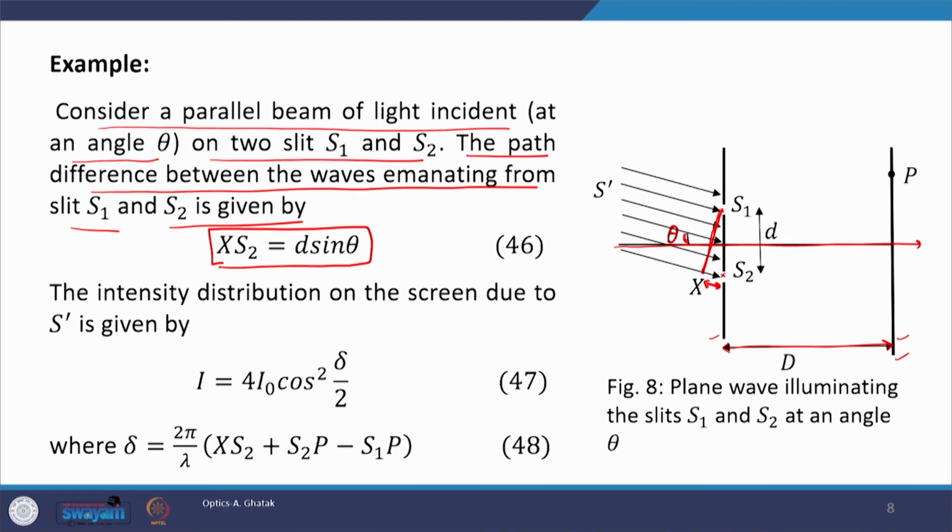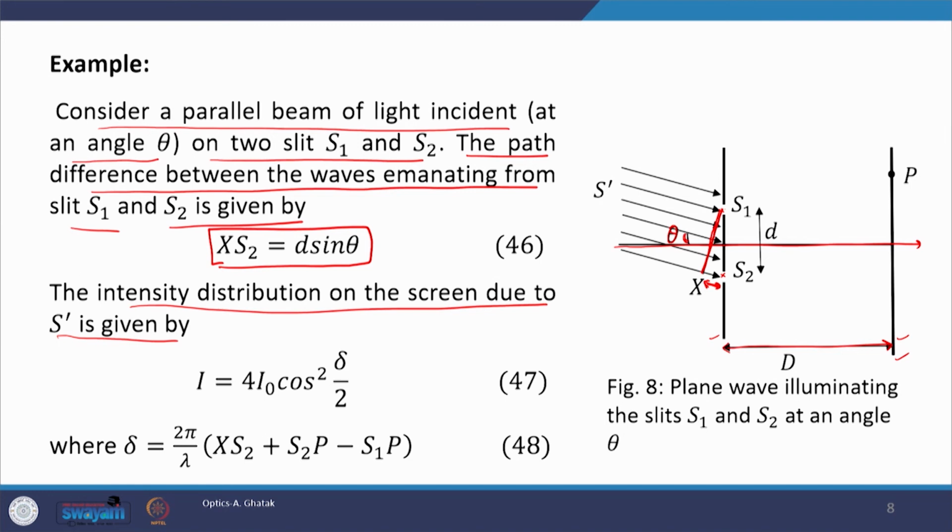Now, how do we calculate the intensity distribution? The source S prime is very far from S1 and S2, and when the light travels this distance it becomes almost a plane wave, falling at some angle with respect to the horizontal.